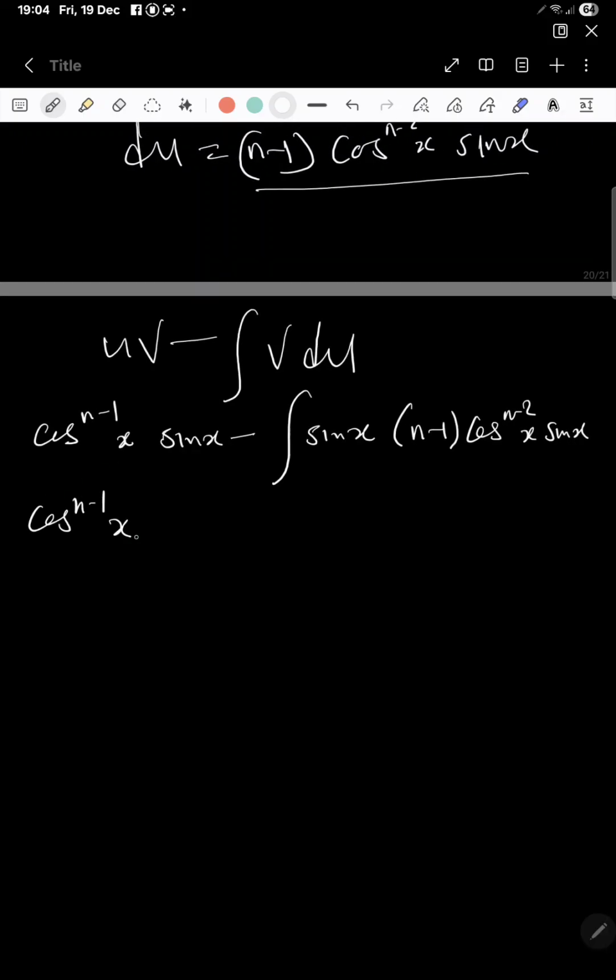Then from here, we multiply, which gives cos to the power n minus 1 of x sine x, minus, here we have the n minus 1, which is a constant.